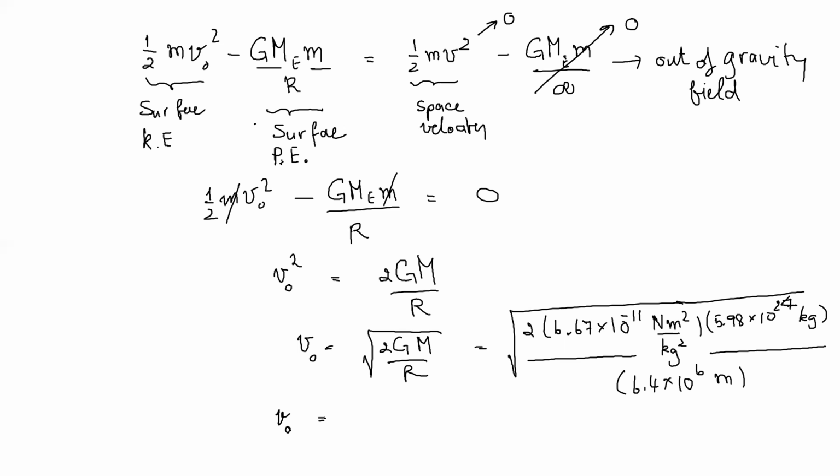It is equal to 11164.5 meters per second, or approximately 11.2 kilometers per second. So divide by 1,000. This is what we call escape velocity.